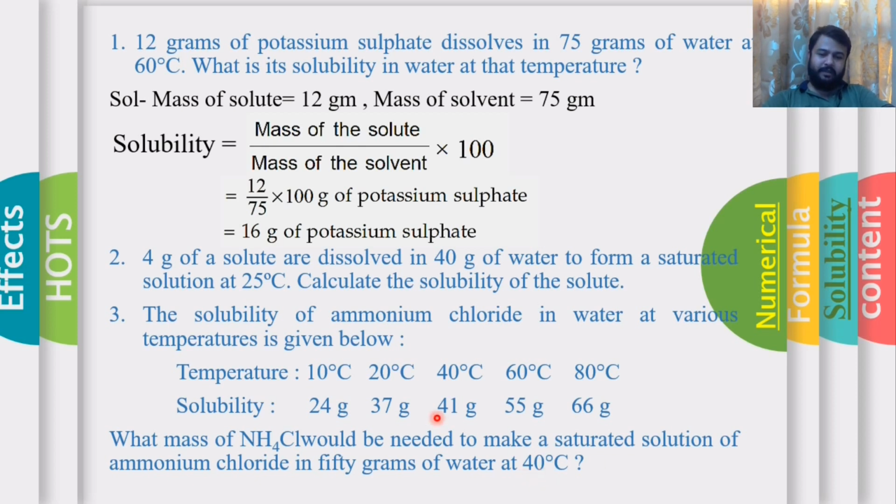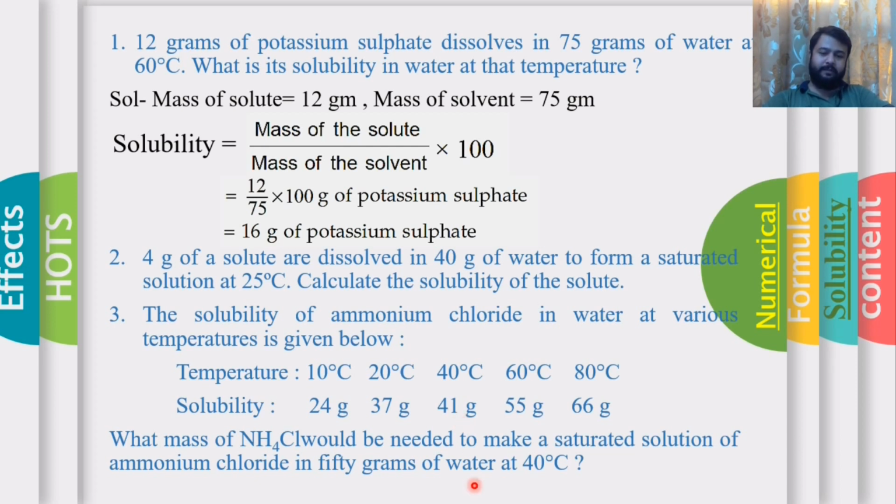So at 40 degrees Celsius, the given solubility is 41 gram. This 41 gram of solute can be dissolved in 100 gram of solvent. But here in the question, 50 gram of water is given, so we need to make a saturated solution in 50 gram of water. 50 gram is half of 100, so the answer will be half of 41 gram, that is 41 divided by 2, which is 20.5 gram.